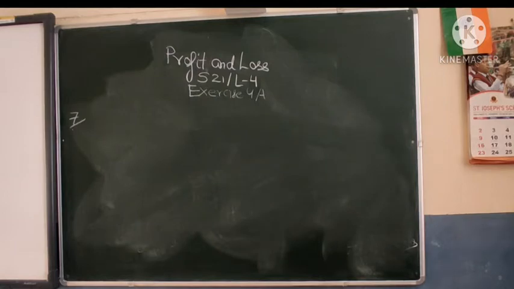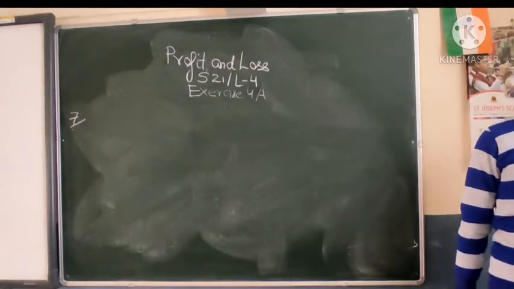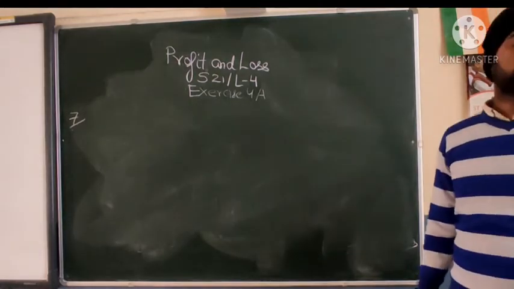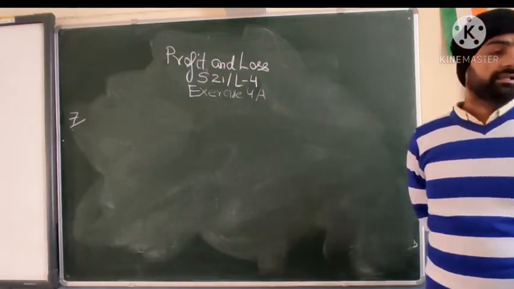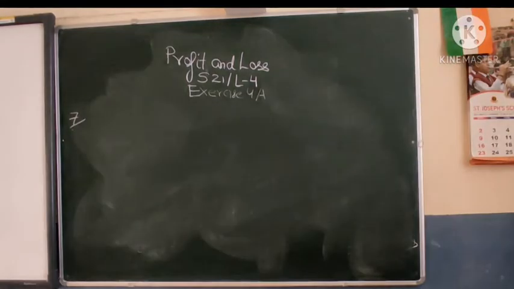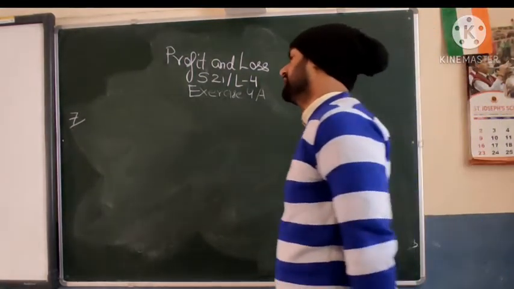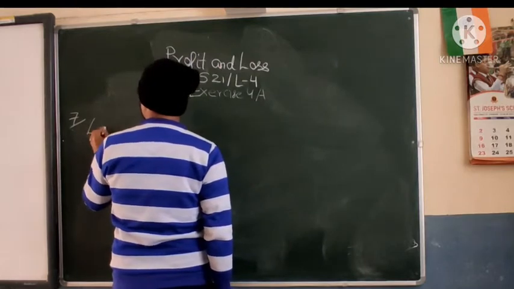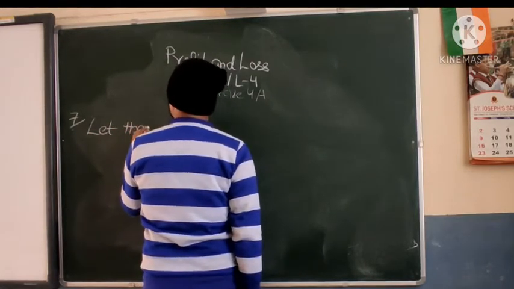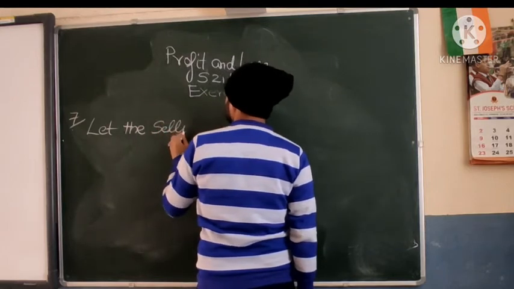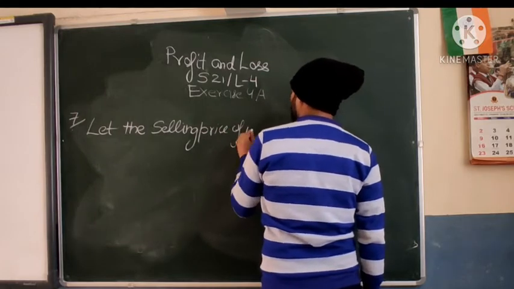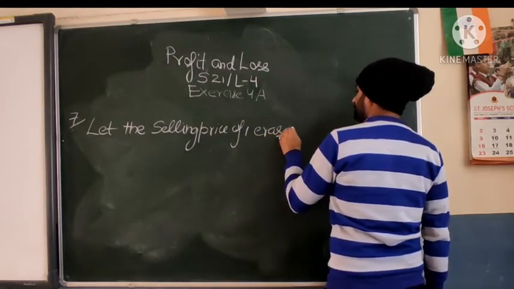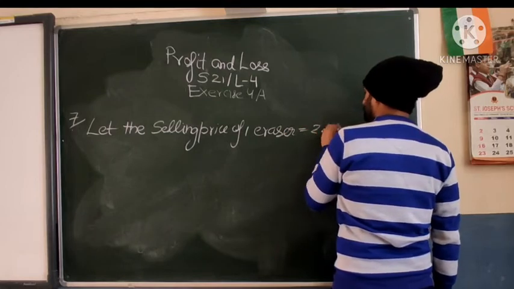So see how to calculate profit percentage. For profit percentage we need SP and CP. Let us calculate the SP and CP. First, let us assume SP as x. So right here, let the selling price of one eraser be x.